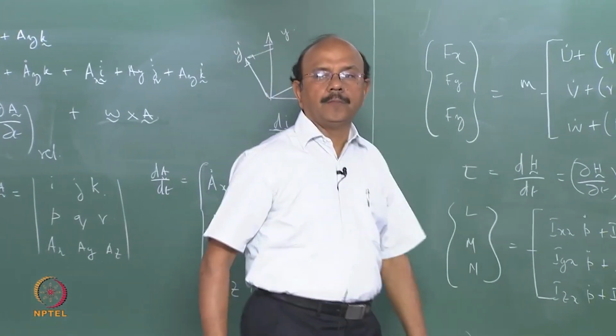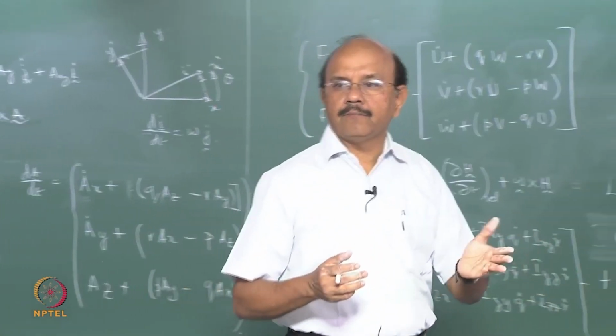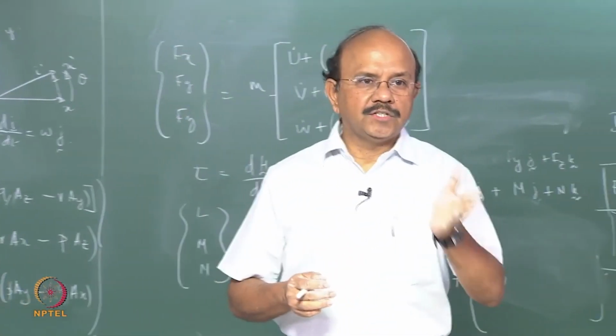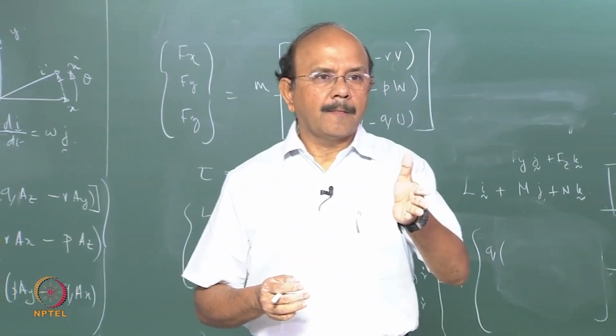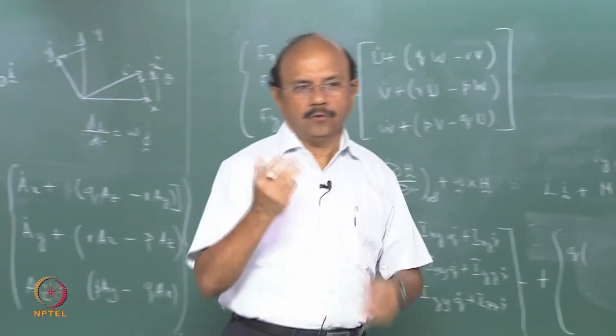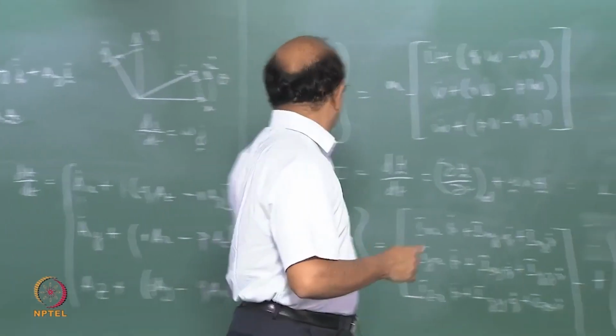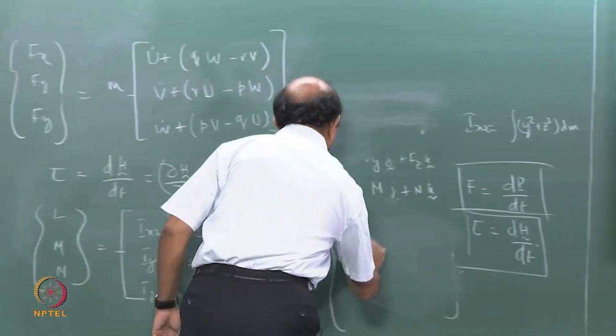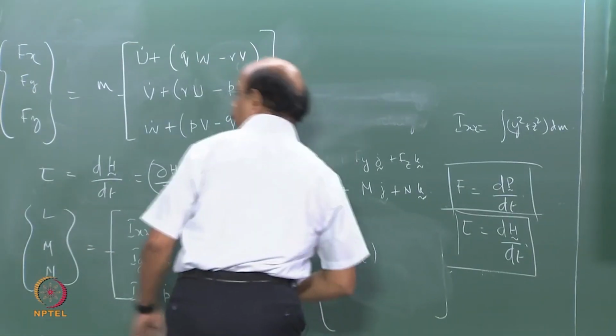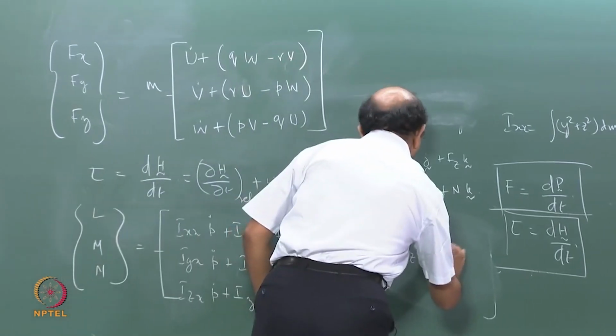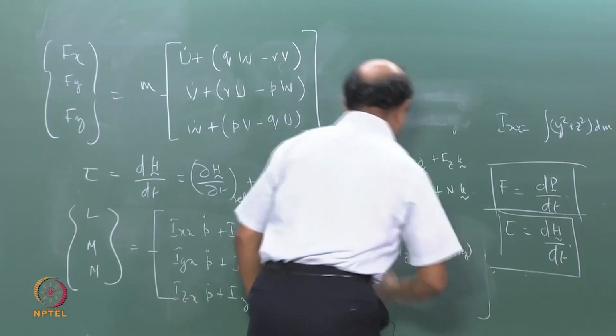How many terms would be there in Hz? There will be 3 terms, right? So write down those 3 terms. You can write that as Q into Hz minus R into Hy.